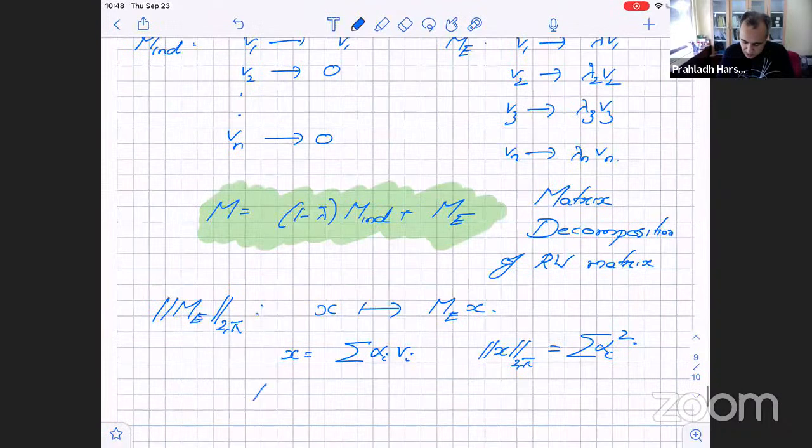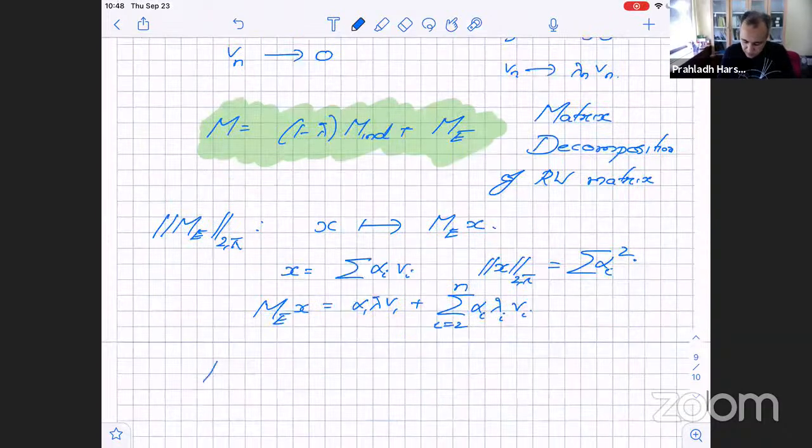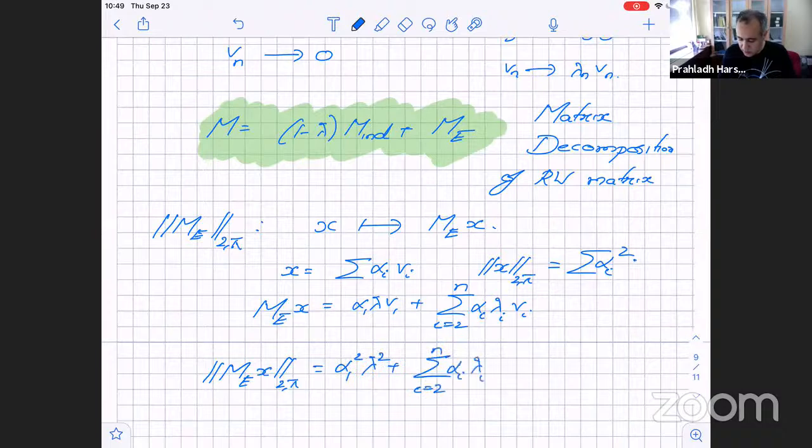What is M_E X? By definition, this is alpha_1 lambda V1 plus the sum over i from 2 to n of alpha_i lambda_i V_i. Therefore, the squared norm of M_E X is exactly alpha_1 squared lambda squared plus the sum over i from 2 to n of alpha_i squared lambda_i squared.